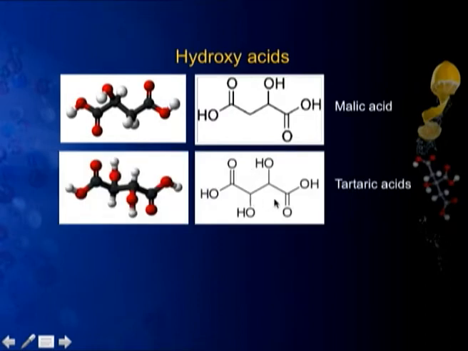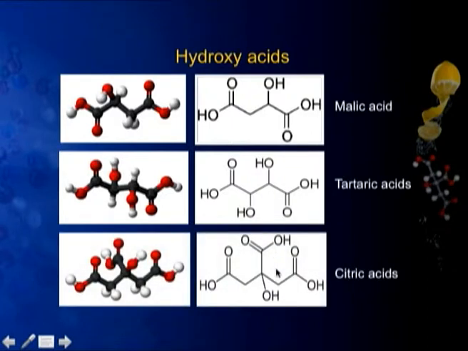Second is tartaric acid. It has got 2 hydroxyl groups and 2 carboxyl groups. Then third is citric acid, which is a tricarboxylic acid. It has got 3 carboxylic acid groups, 1, 2 and then third, and it has got 1 hydroxyl group. So, we will talk about their preparation, properties and uses today.